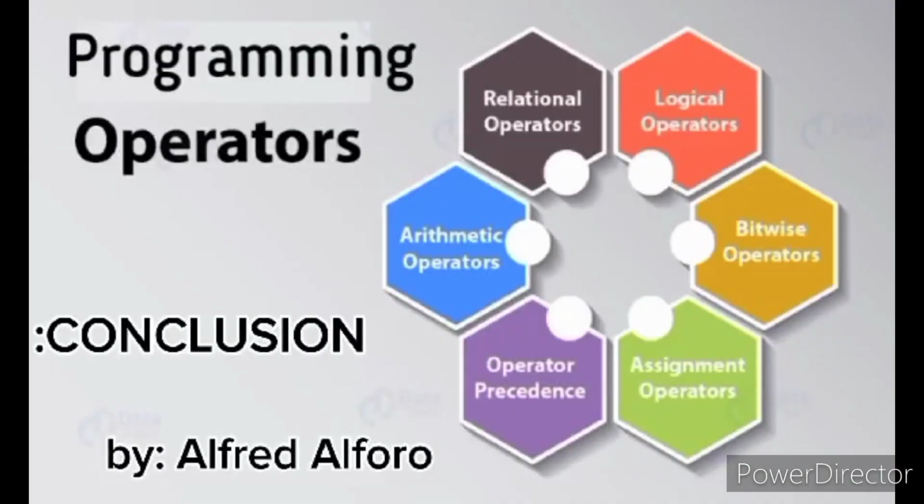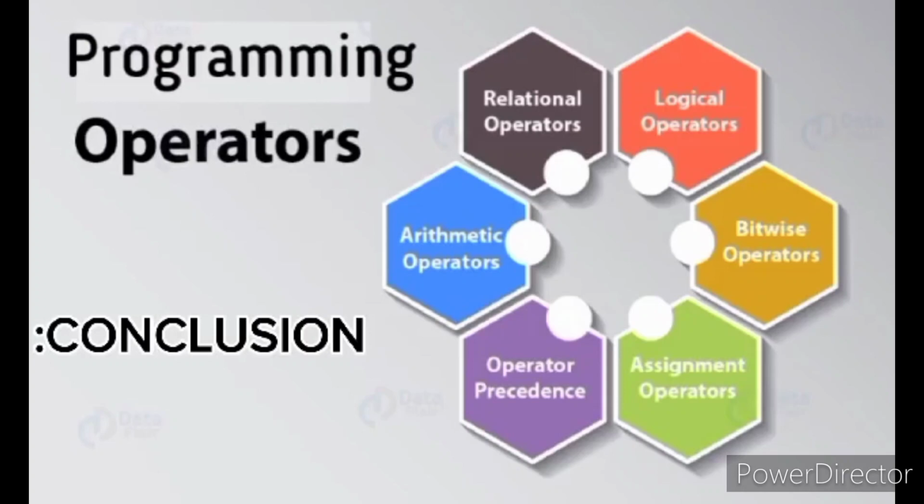Conclusion about all programming operators. In programming, operators are fundamental elements that enable us to perform various operations on data. They come in different categories, including arithmetic, relational, logical, bitwise, assignment, and more. Arithmetic operators handle mathematical calculations, while relational operators are used for comparisons.